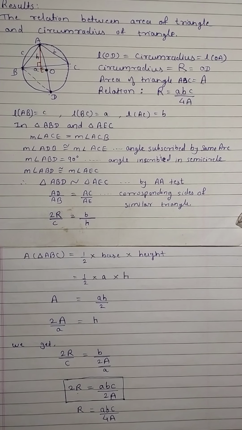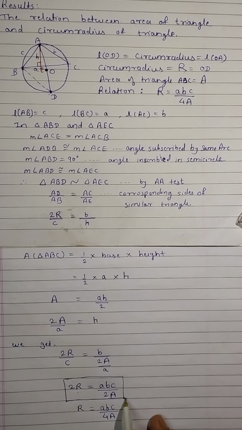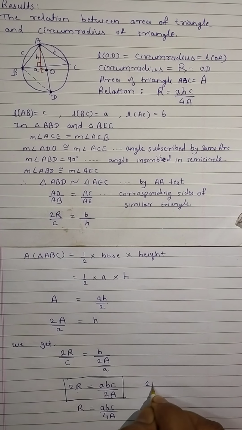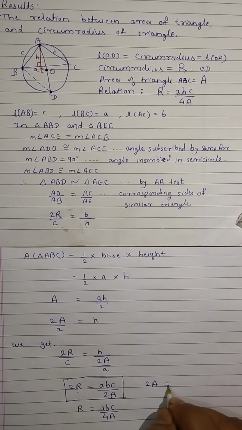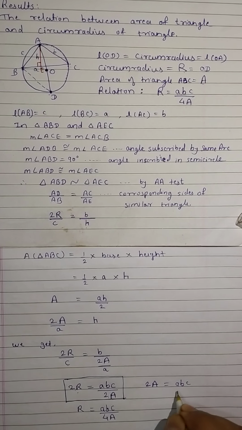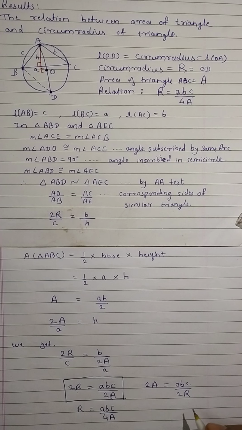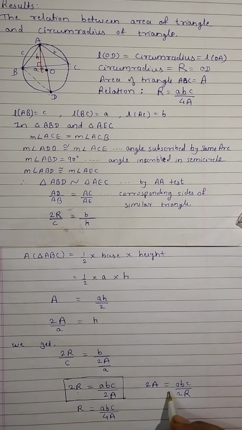So for that rule we need this result. Okay, this 2A and 2R can be exchanged like this. 2A will go over here and 2R will come in the denominator. Okay, any of these forms can be used for solving the sine rule.